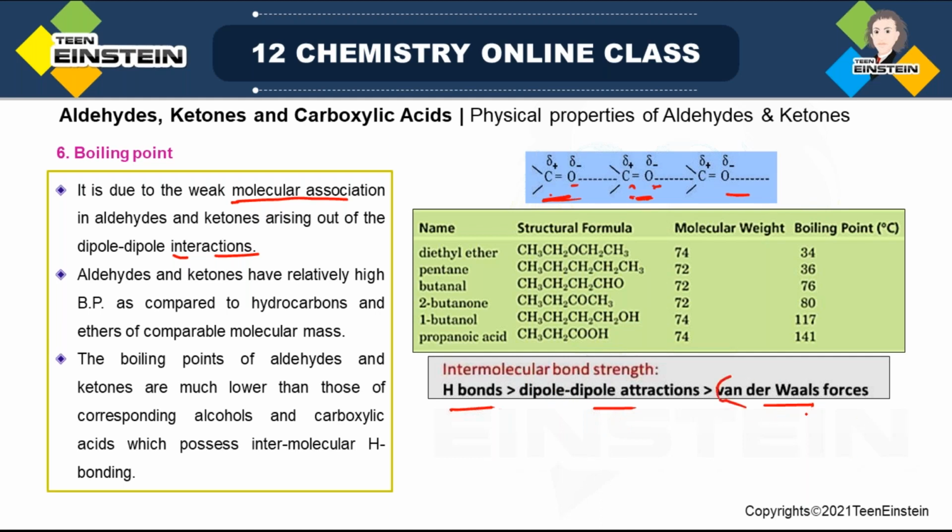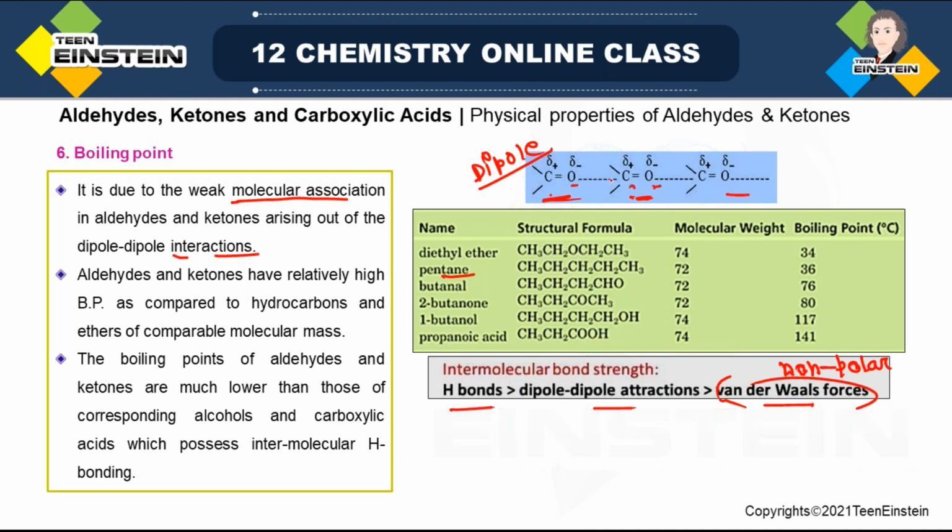Van der Waals forces are mostly seen in non-polar compounds, where polarity cannot be generated. So in pentane, that is alkane molecules, van der Waals force is the most important intermolecular interaction possible. But when it is aldehydes or ketones that we are discussing right now, then dipole-dipole interaction is present.